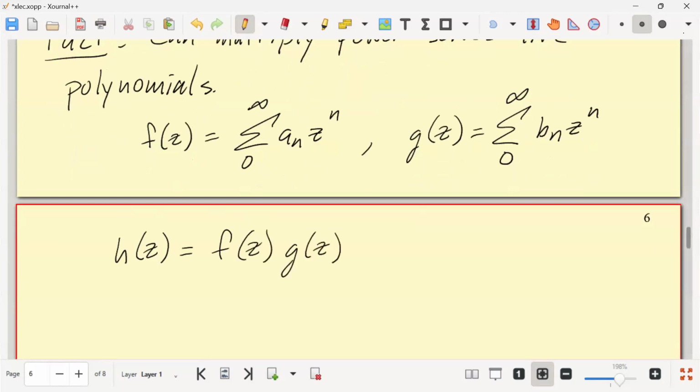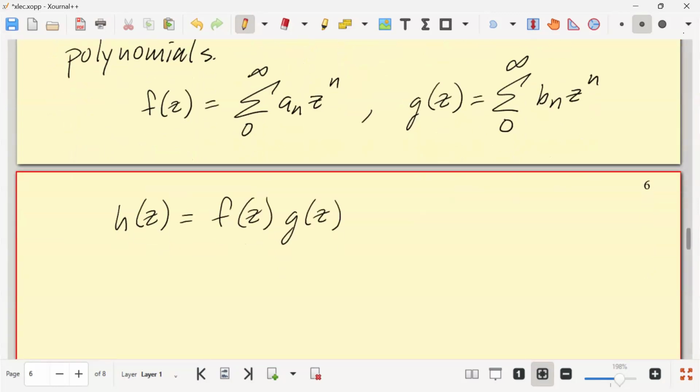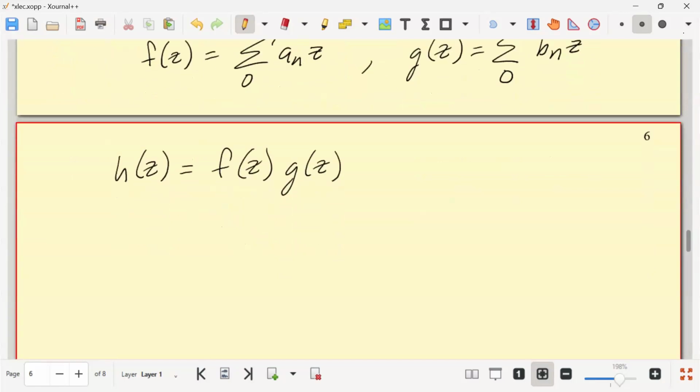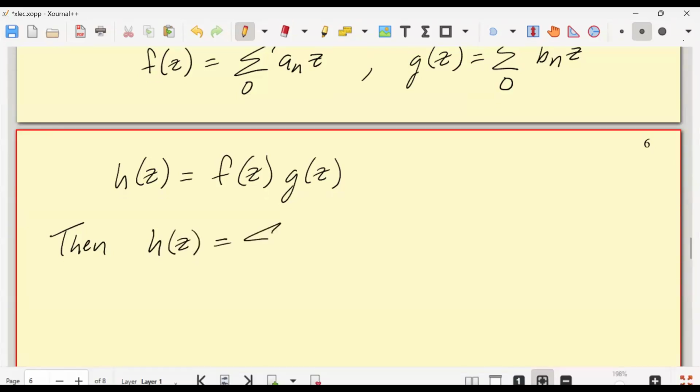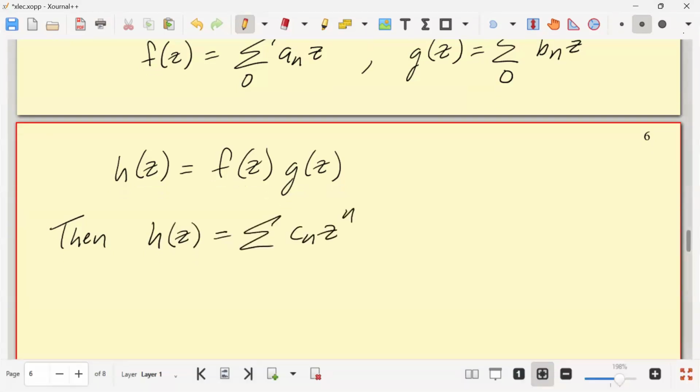Then h of z has a power series. h of z would be a summation of c_n z^n from 0 to infinity.